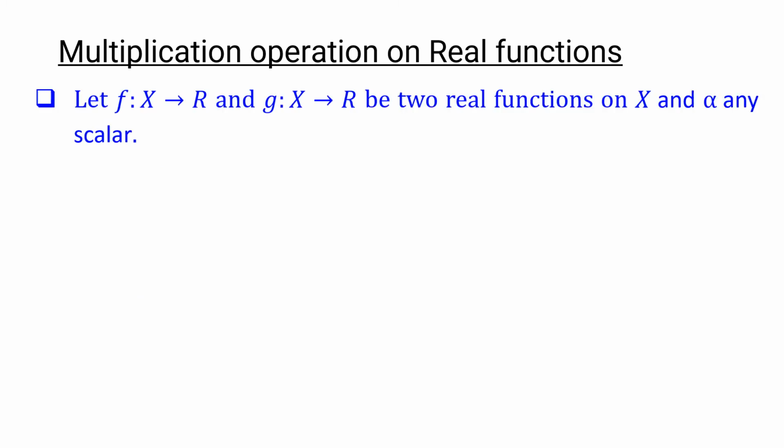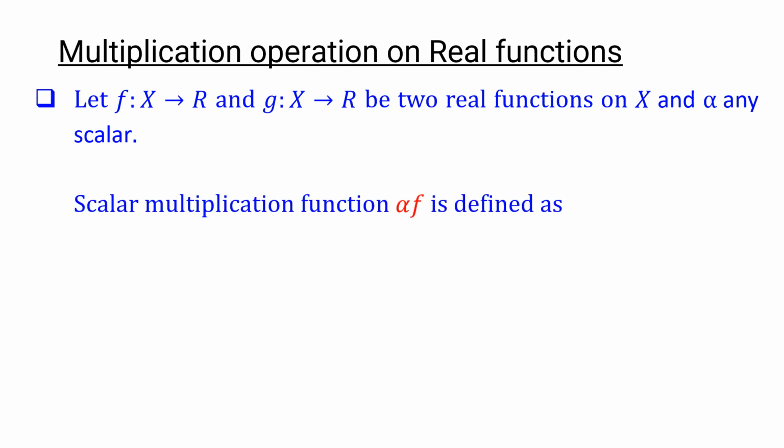Similarly, we can define multiplication operation on real functions. Let us again take two functions f and g, both operating on real values of x, and let us take alpha as any scalar. Scalar multiplication function alpha f is defined as (alpha f)(x) equal to alpha times f(x).